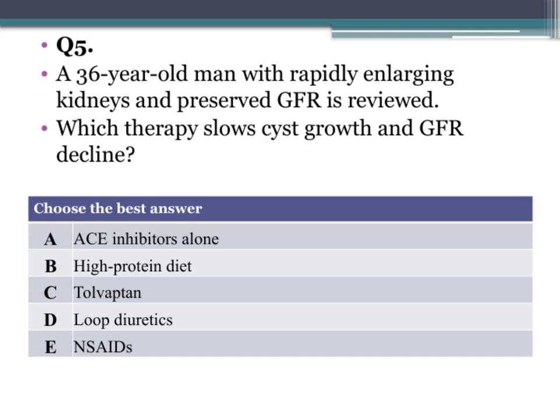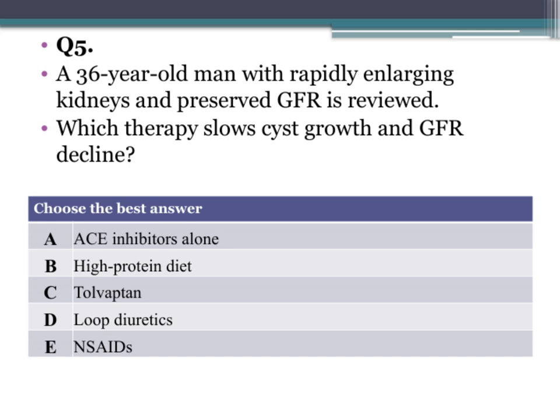ACE inhibitors, for example, are often used to control blood pressure and protect kidney function, but do they directly slow cyst growth? High-protein diets can sometimes strain the kidneys, but aren't specifically proven to slow cyst progression. Tolvaptan has been shown in studies to slow cyst growth and preserve kidney function in polycystic kidney disease.